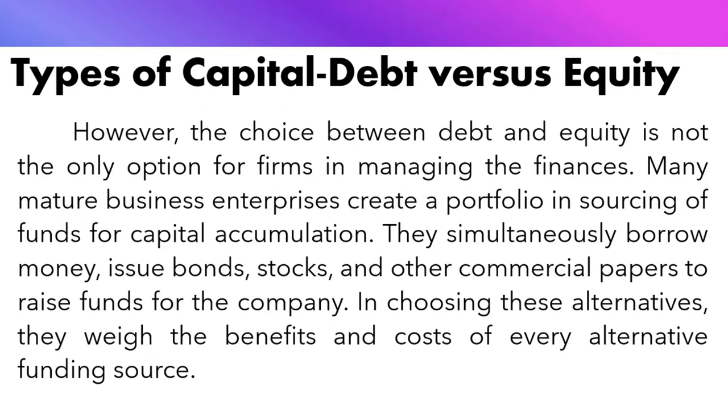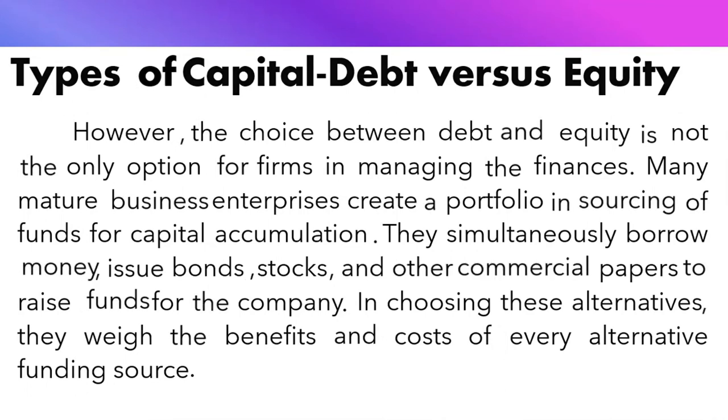In choosing these alternatives, they weigh the benefits and costs of every alternative funding sources. So in short, maaaring ang umuutang, issue bonds or stocks and other commercial papers, yan, maaaring yan din yung mga paraan para makapag-source ng fund ang isang firm or isang business.